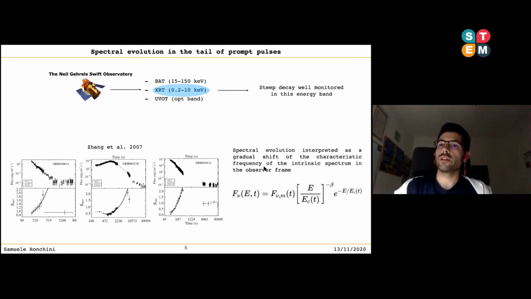This is usually interpreted as a gradual shift of the characteristic frequency of the intrinsic spectrum in the observer frame. So we tried to do a similar work analyzing the archival data of the Swift database.